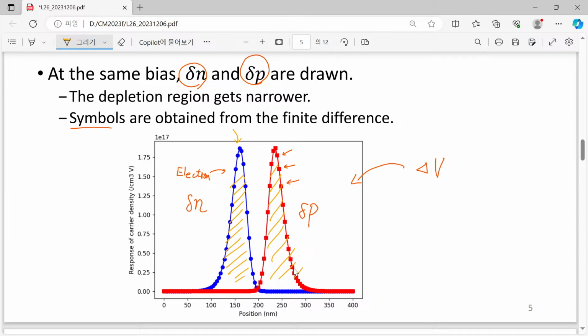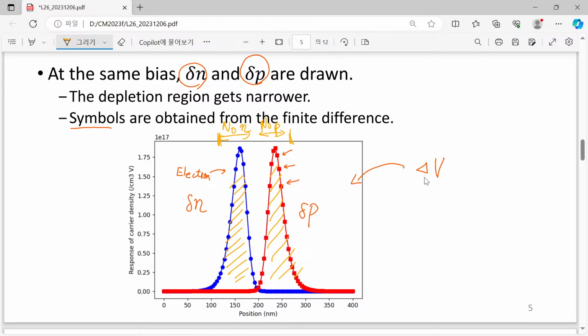So, what is it? You know that in this case, depletion layer exists, and in this layer we have no electron and we have no hole.